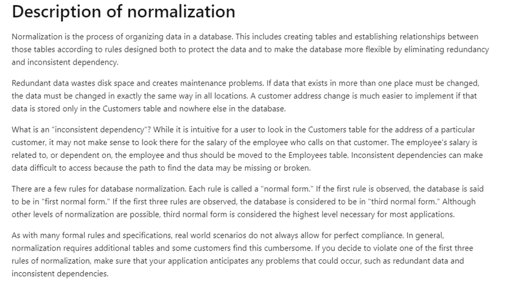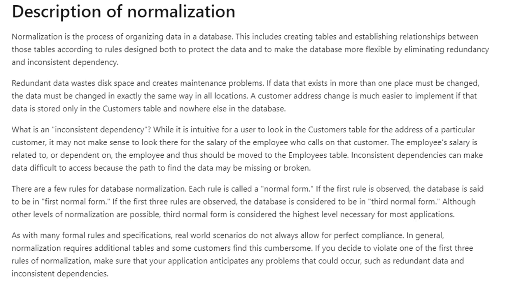The normal form. The next sections discuss the normal forms, an integral concept involved in the process of database normalization. Normal form is a way of measuring the levels or depth to which a database has been normalized.